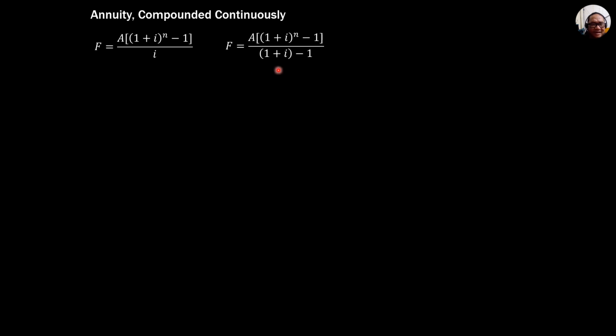So that's the future worth. Then F is A times (1 plus r over m) raised to my, minus 1, all over (1 plus r over m) raised to m, minus 1.